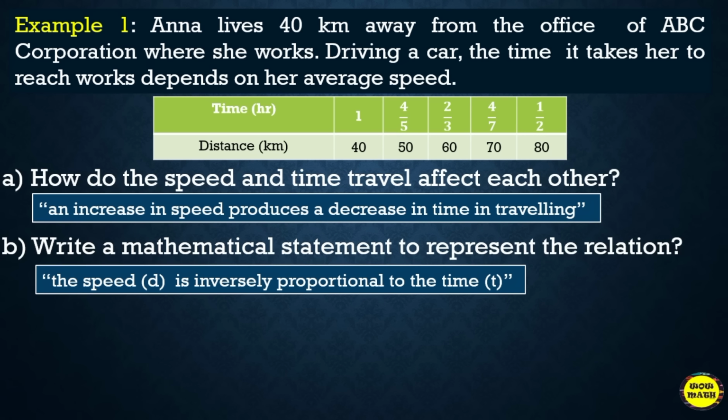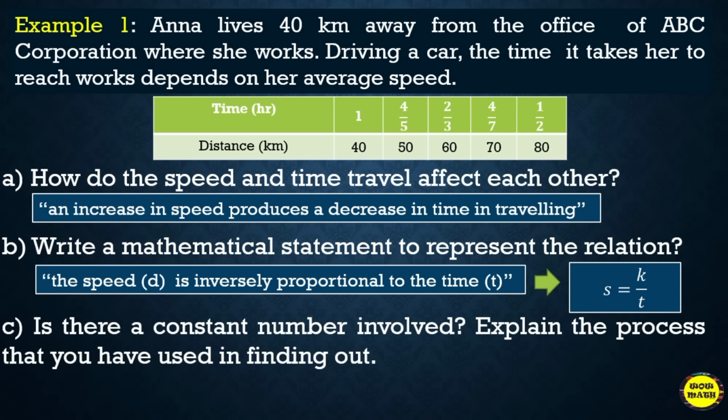So again, what is the mathematical statement that can represent the relation between the speed and time of travel? The speed is inversely proportional to the time, or S is equal to K over T.